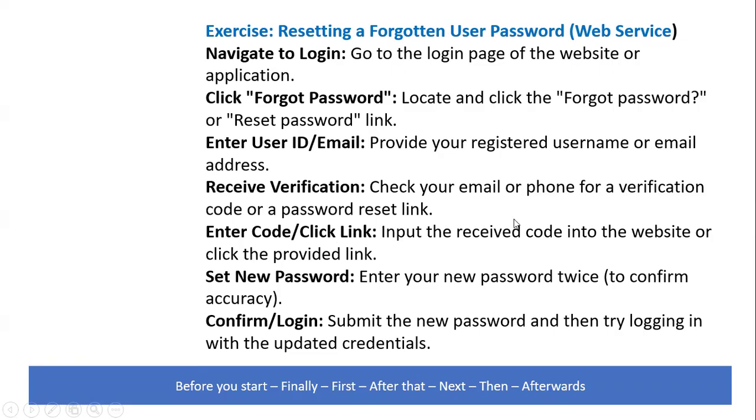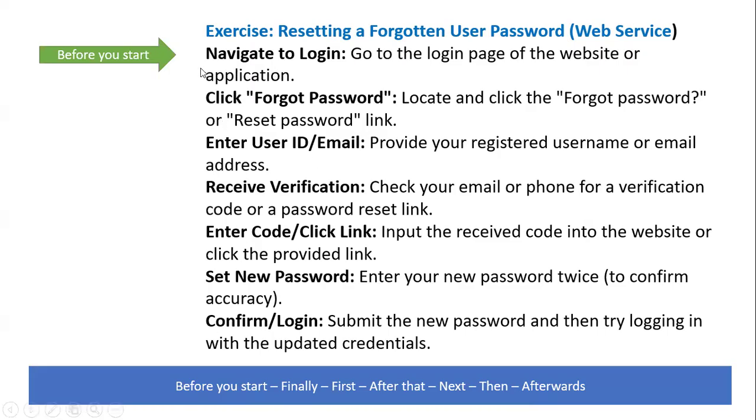Well, there are two that for sure I cannot get confused with. The one that happens before you start something, right? Before you start, navigate to login. And of course, the last one. But let's keep the sequential order going on.